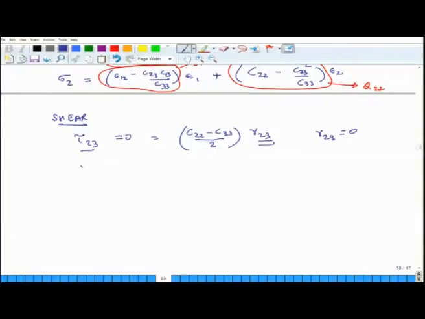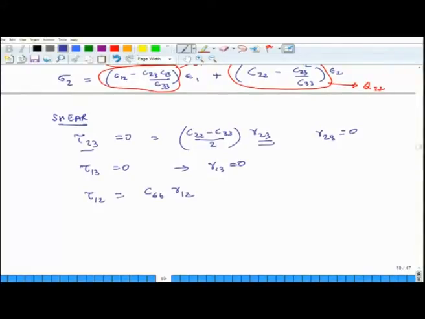Similarly, tau 13 is equal to 0, and that implies gamma 13 equals 0. And lastly, tau 12 is equal to C66 gamma 12. Okay.